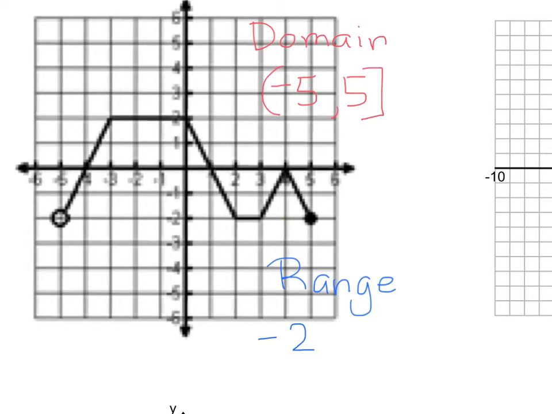Now this is tricky because there's an open circle right there, so you might be tempted to use parentheses, but it's equal to -2 here, and it's equal to -2 there, so we're actually going to use a square bracket. The top of the graph is at +2, and it equals it for quite some time. So 2 and square bracket.